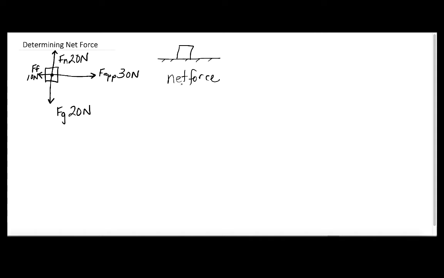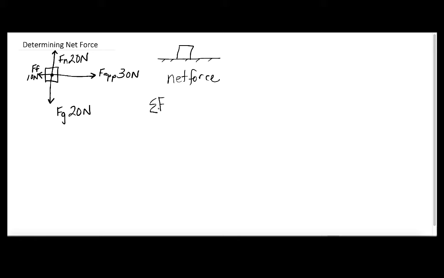So when you're looking at net force, just like when we were doing projectiles, you have to separate this into the X forces and the Y forces. And you can add and subtract vectors going in the same direction, so the Y forces, and you can add and subtract the forces in the X direction. But you can't just add up all the forces together.